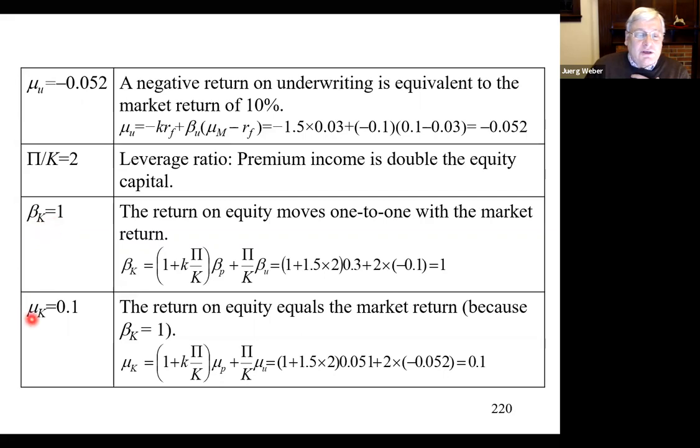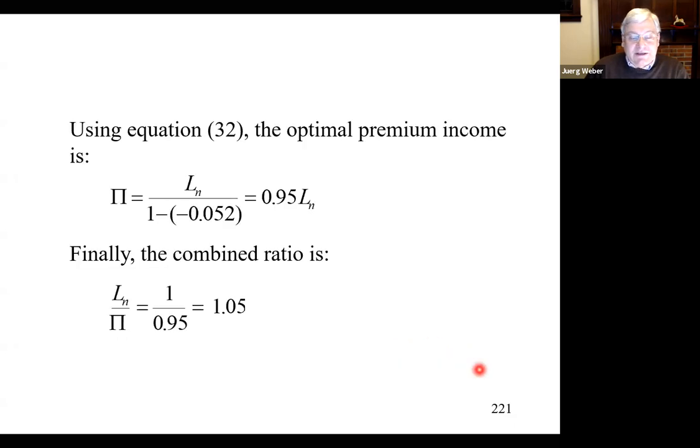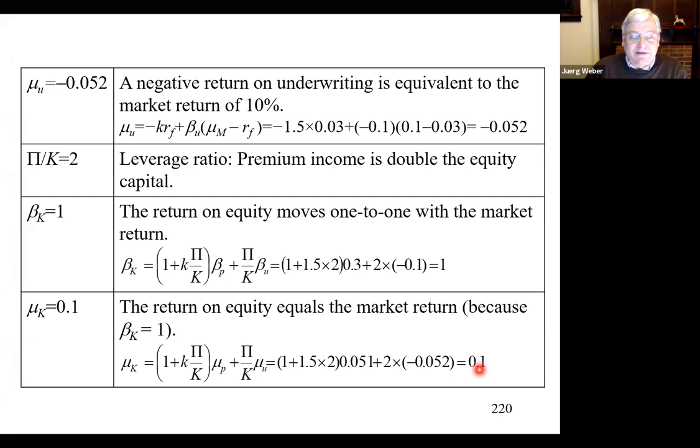That's also what we confirm down here. If you plug in the numbers in the equation for the return on equity, you get indeed 10%. So that's pretty neat, a nice example. I have it from the Zweifel and Eisen book, so look it up there.